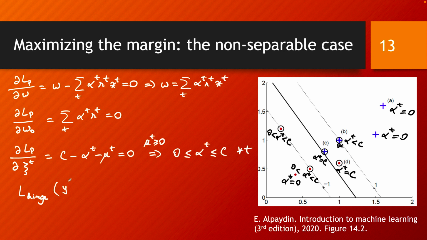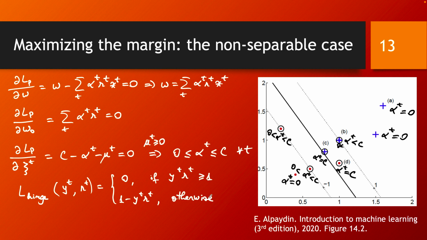If you have the predicted class of the model and you have the real label, this is going to be 0, so there is no error, if y t r t is greater than or equal to 1, and it's going to be 1 minus y t r t otherwise. The intuition of this hinge loss is that it just quantifies this error in terms of whether you are on the wrong side of the margin and how far away you are from this margin.